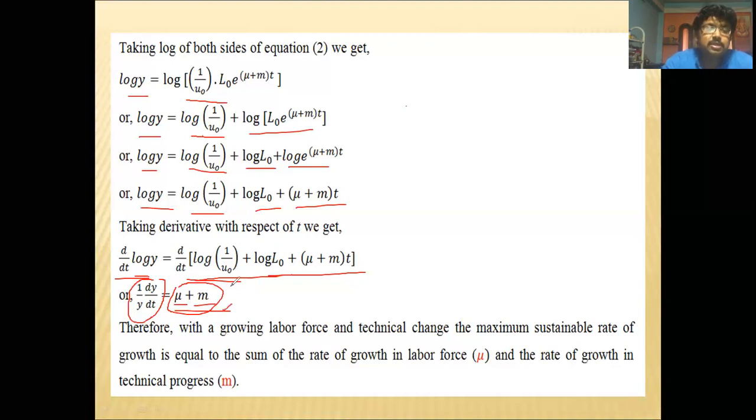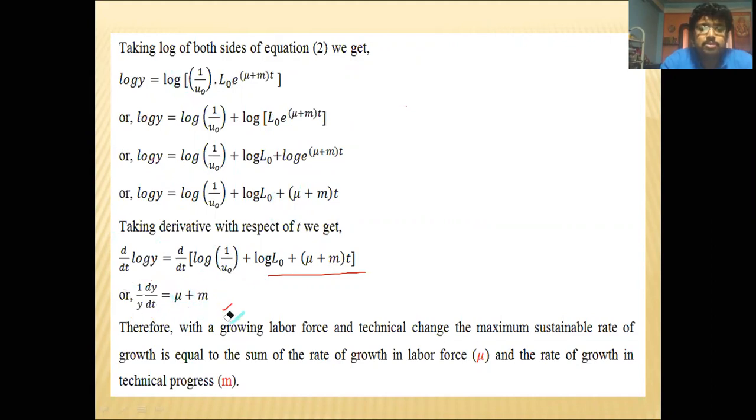So this is the natural rate of growth when we consider the rate of increase in labor force and the rate of increase in technological progress. Now I am deleting all my marking, otherwise the slide will not move.